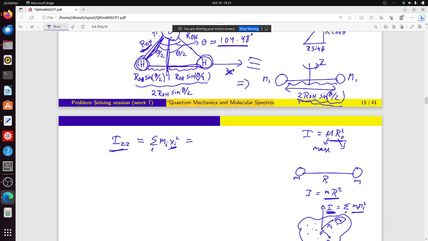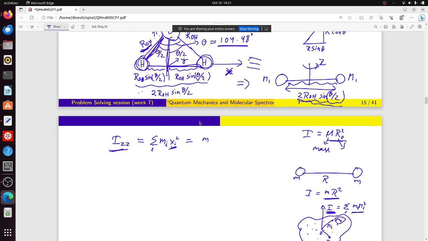And we have taken this axis to be the x-axis, so perpendicular to this will be the y-axis, right? Then there are two masses.